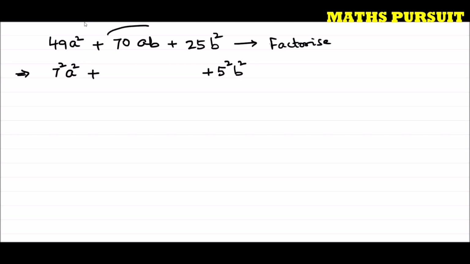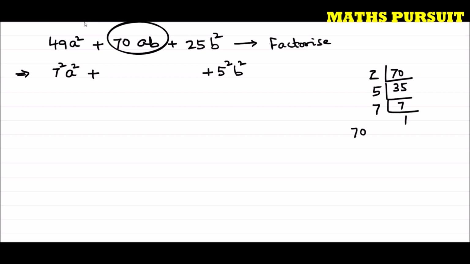Now coming to the middle term, 70ab. Let us find the factors of 70. Let me divide 70 by the least prime number, which is 2. So 2 thirty-fives are 70, and then I can divide 35 again by 5, which is 5 sevens are 35, then 7 ones are 7.